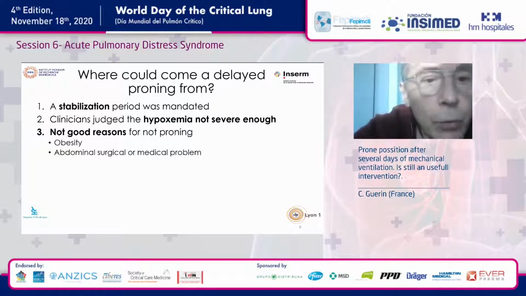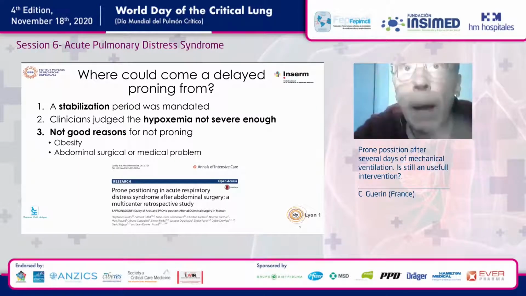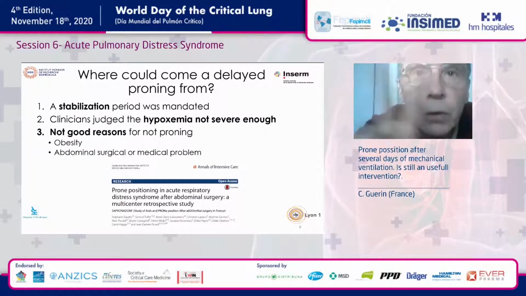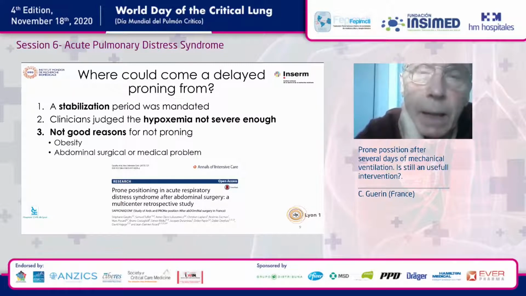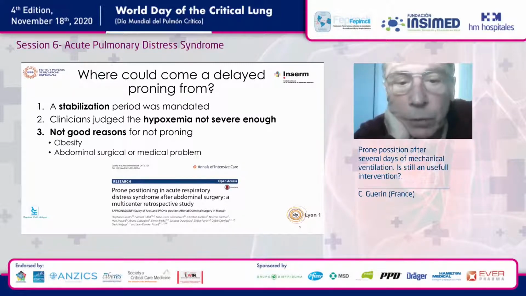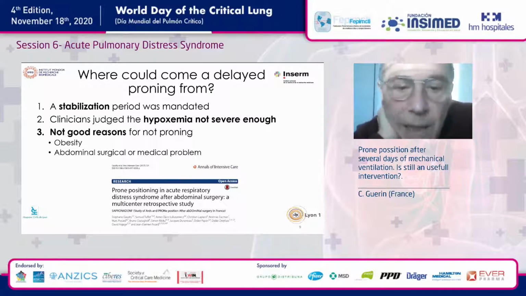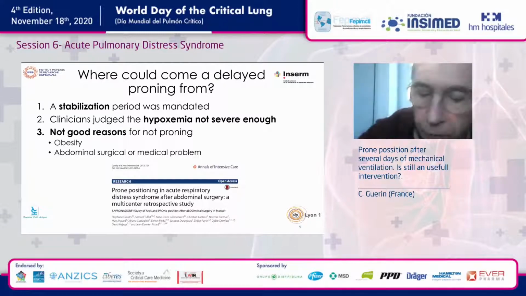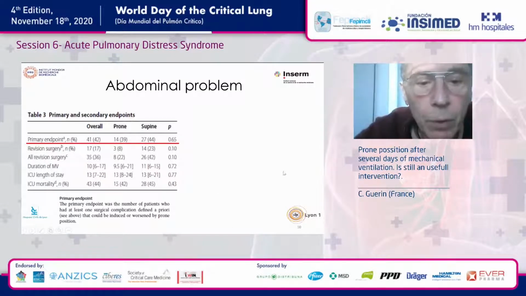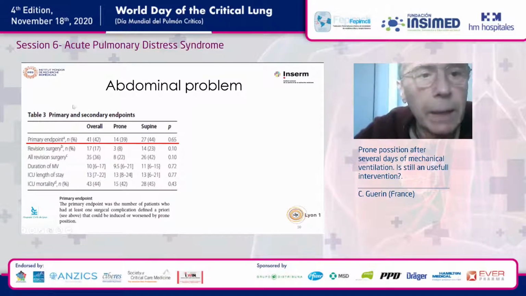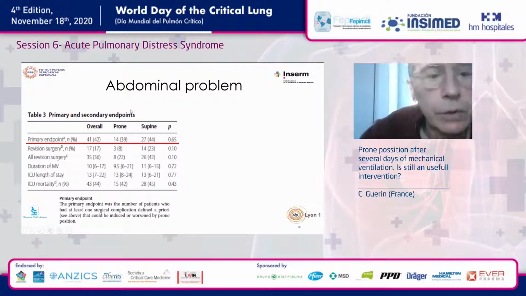Another not good reason for delaying prone is the abdominal surgical or medical problem. In our APRONET study, that was also the third reason for not proning ARDS patients, after not severe hypoxemia and hemodynamic problem. But actually, we have also this study coming from France, which is again a retrospective but multi-center study, so the level of evidence is not that high. In this study, the primary endpoint was the number of patients who had at least one surgical complication after proning, and those patients had a medical or surgical problem.